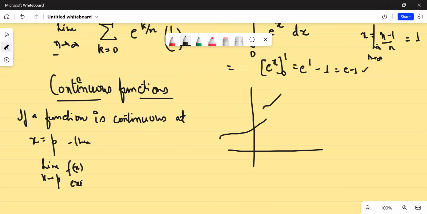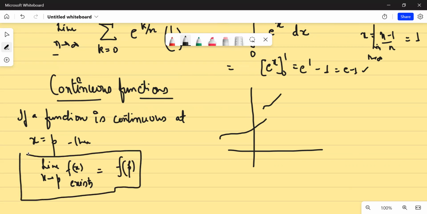And if it exists, then this is equivalent to the value of the function at that point. So the first thing absolutely necessary for a function to be continuous is that your function should be defined at that particular point. And always remember that it is a local property, in the sense that I will always talk about a point.